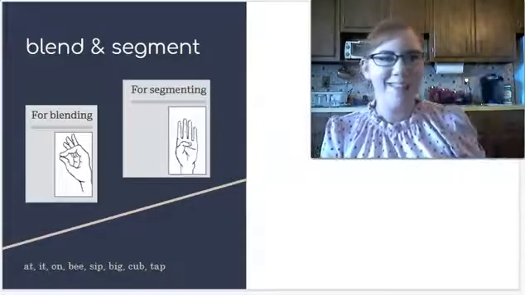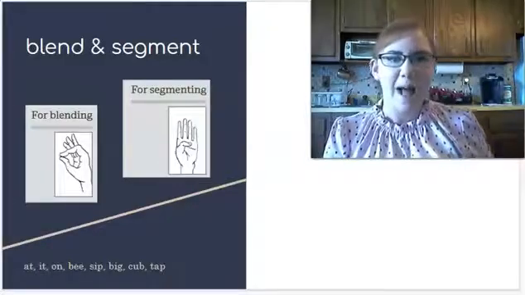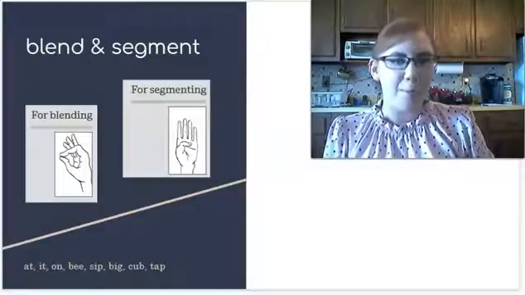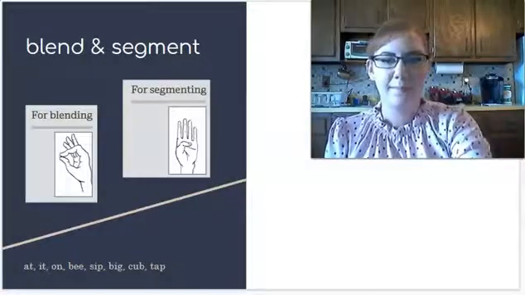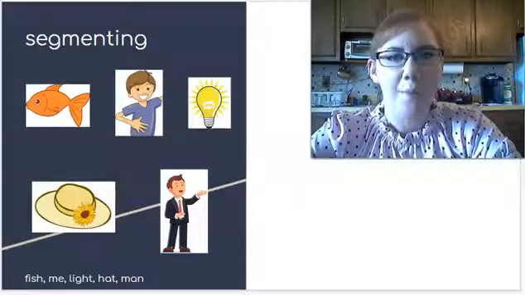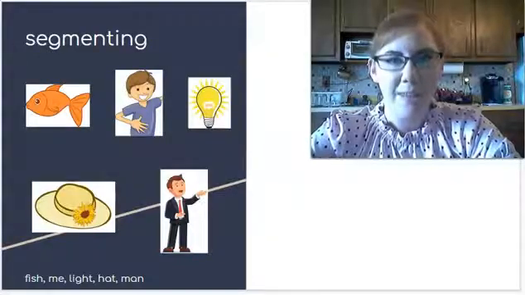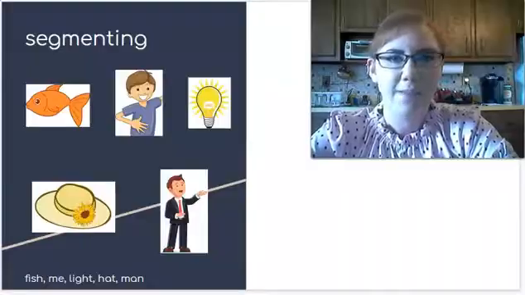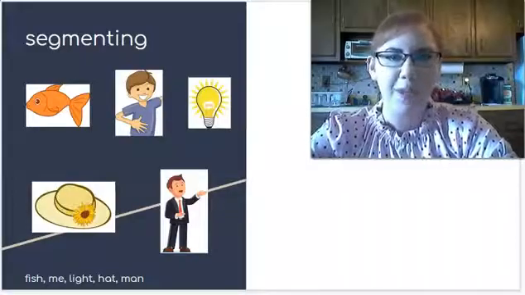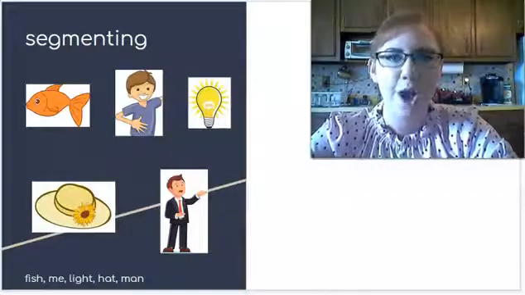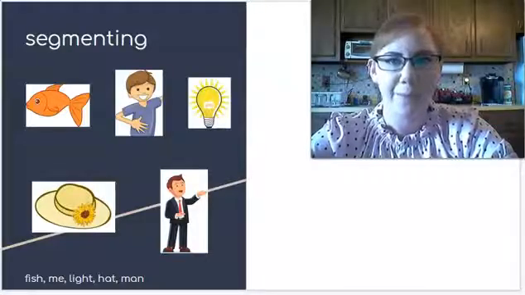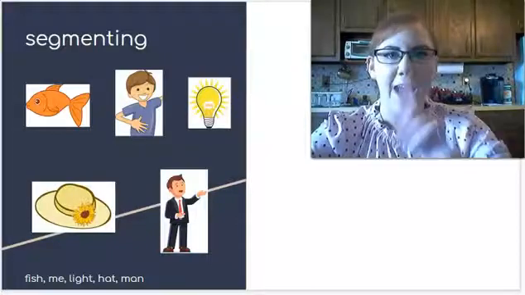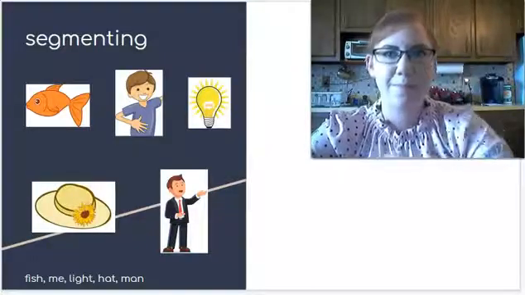Great job. Now that we're warmed up, let's talk a little bit more about blending and segmenting. All words are made up of sounds, but they have a different number of sounds. When we segment a word, we can find out how many sounds are in that word. Take the word I, for example. The word I only has 1 sound.